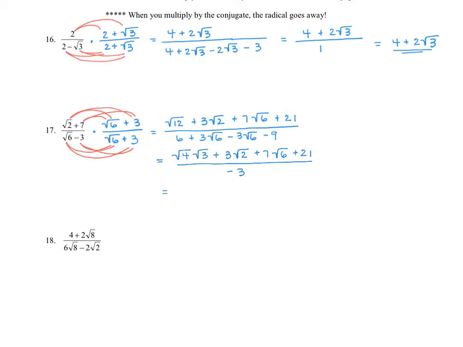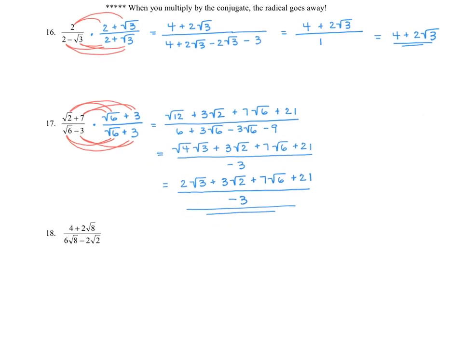In the numerator, rad 4 rad 3 becomes 2 rad 3. The rest of the numerator becomes plus 3 rad 2 plus 7 rad 6 plus 21, because no like terms, no like radicals, all over negative 3. And that's as simplified as number 17 can get.